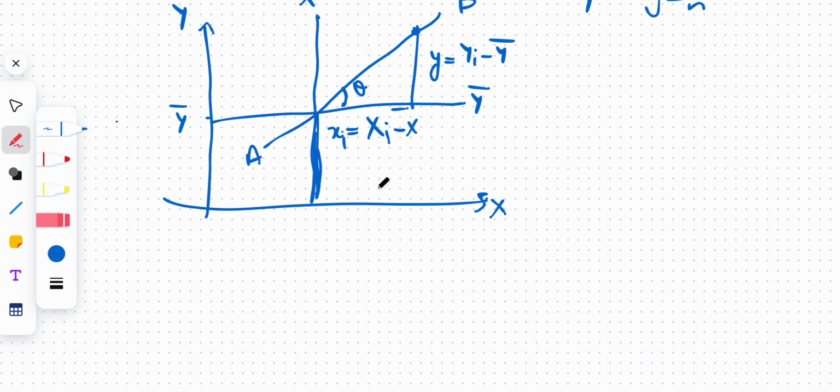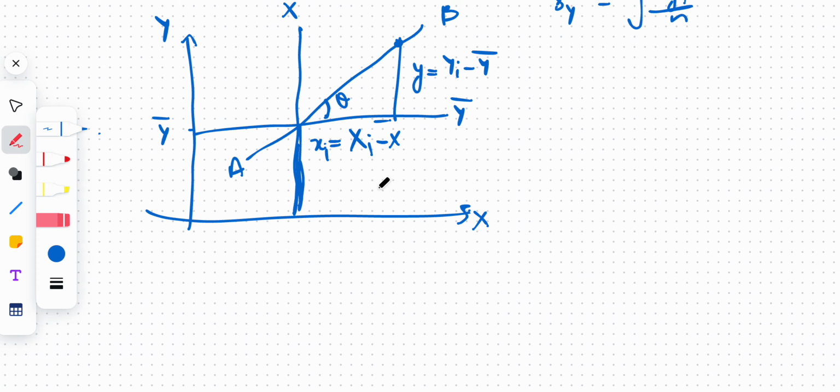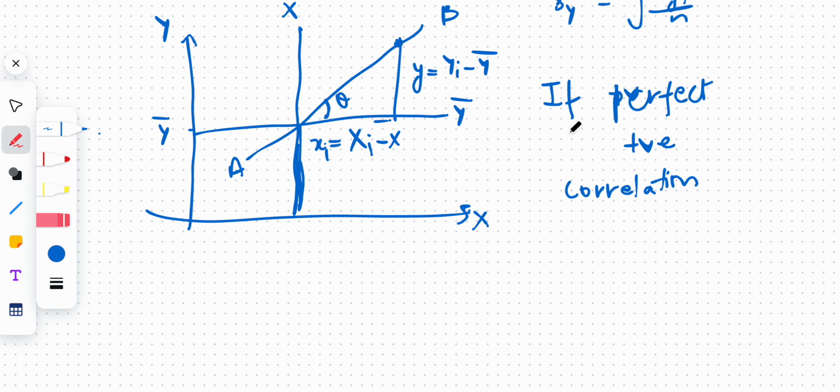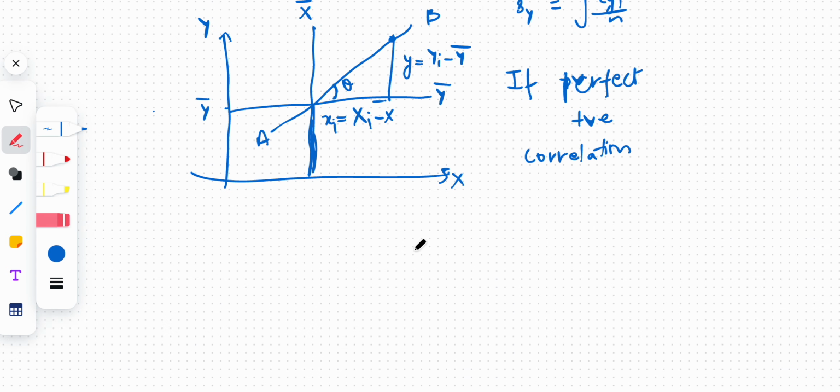What we are going to do is, if there is perfect positive correlation, then you all know that tan theta is equal to perpendicular upon base, which would mean perpendicular here is y and base here is x.